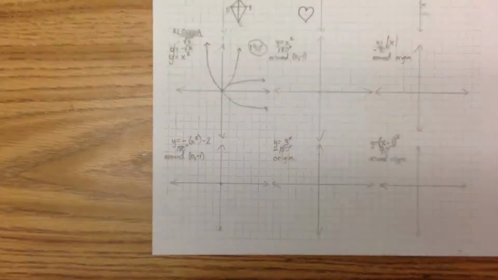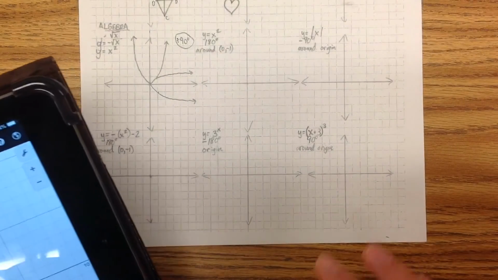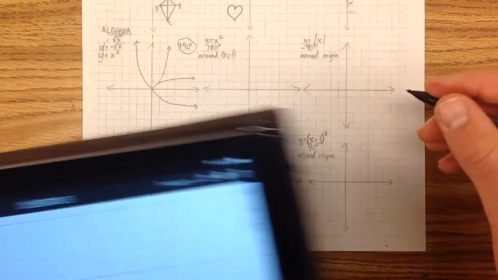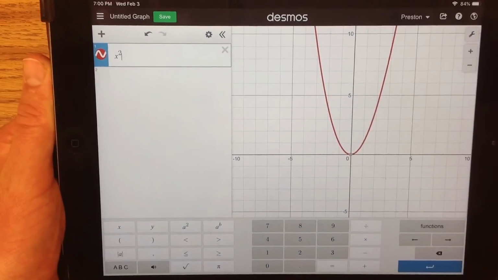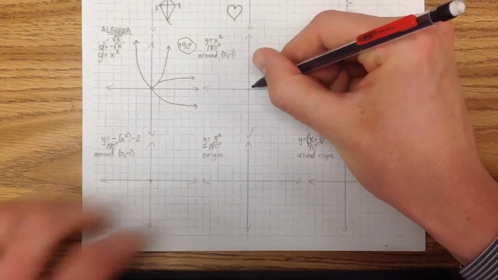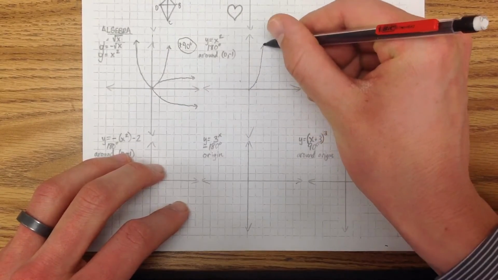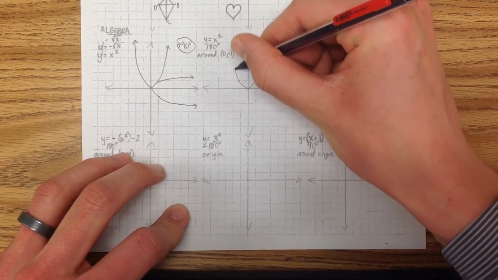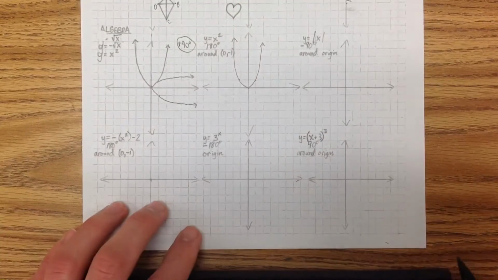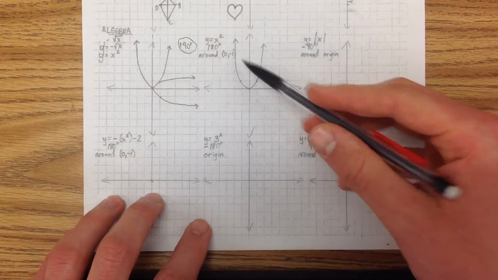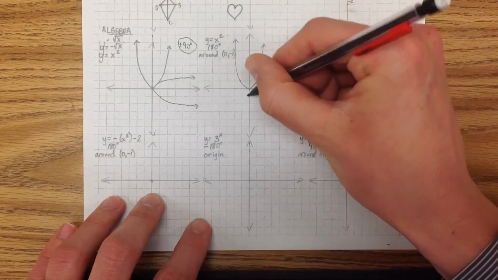Okay, next one. I've got x squared. So when I draw that, I got y equals x squared, so it looks like this. And this one, it's telling me to rotate that 180 degrees around the point 0, negative 1. So the point 0, negative 1 is here.